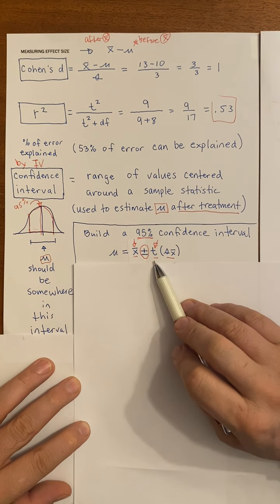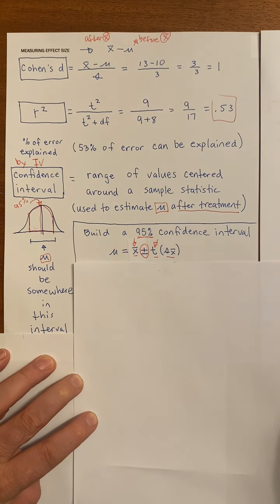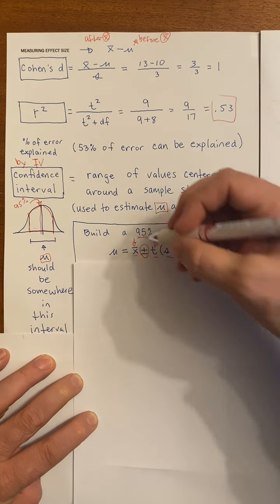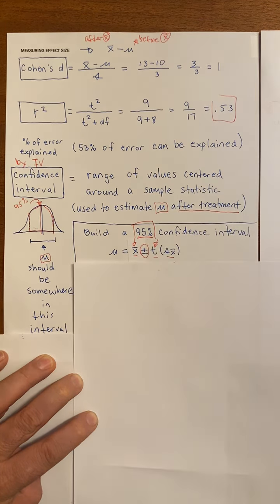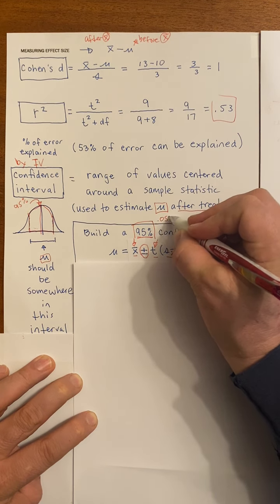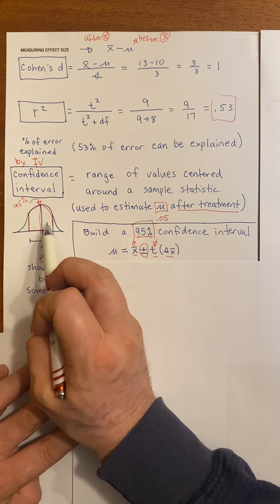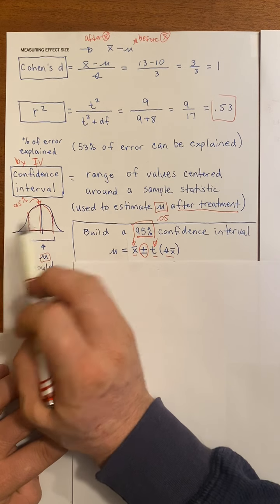The way that you look it up is you use your bits of information again. I'm looking for a 95% confidence interval. That means on the table, you're going to look up the 0.05 region. Why 0.05? Because we're taking up 95% of the curve. What's left over? 5% of the curve, half here and half there.